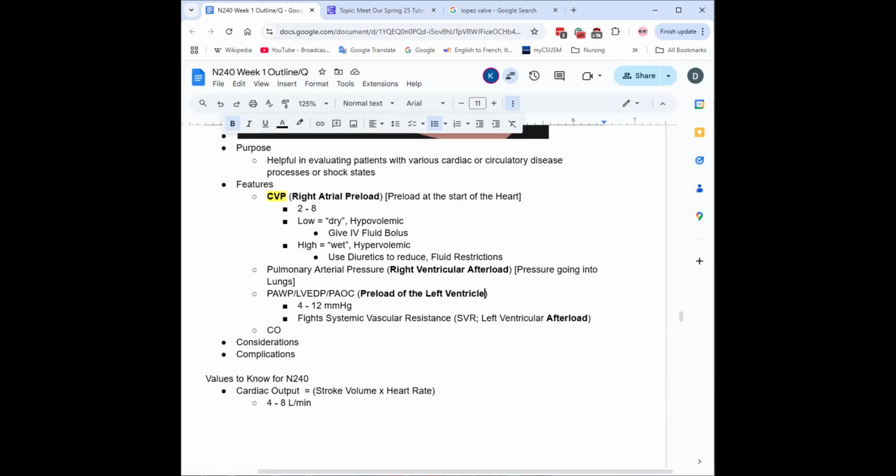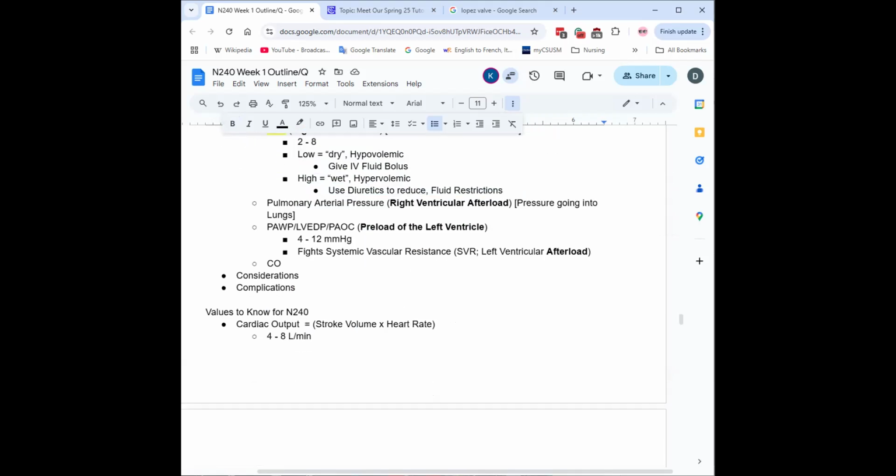And you'll learn a very specific week 3 hemodynamics. You'll go into a bit more detail, but right now I'm just giving you guys the basic understanding. I think your main one you're going to be really tested on is your CVP. You should still know the other ones, but you'll probably have questions where you're going to interpret the CVP and determine what to do. So just keep that in mind.